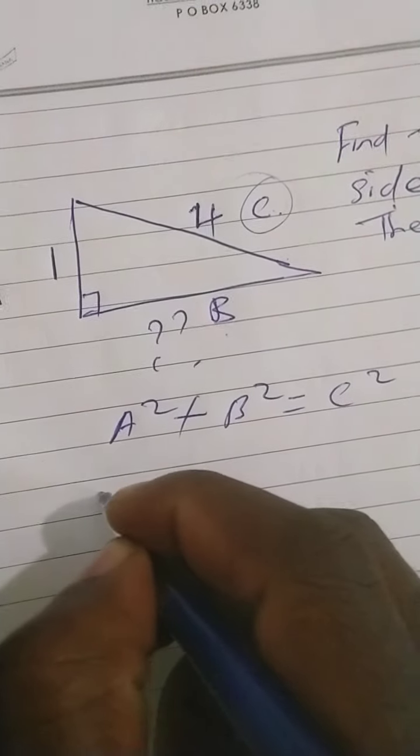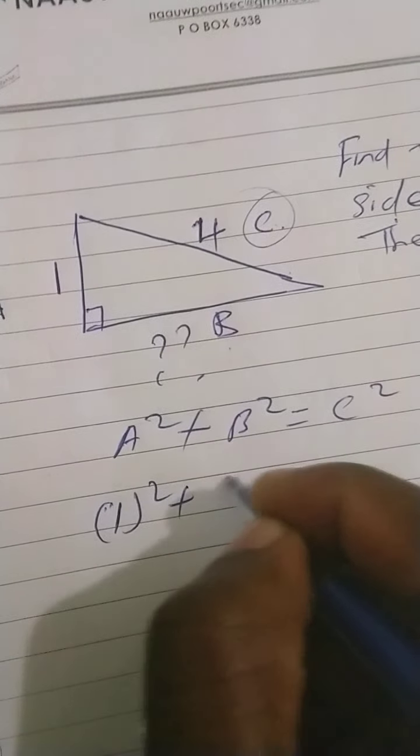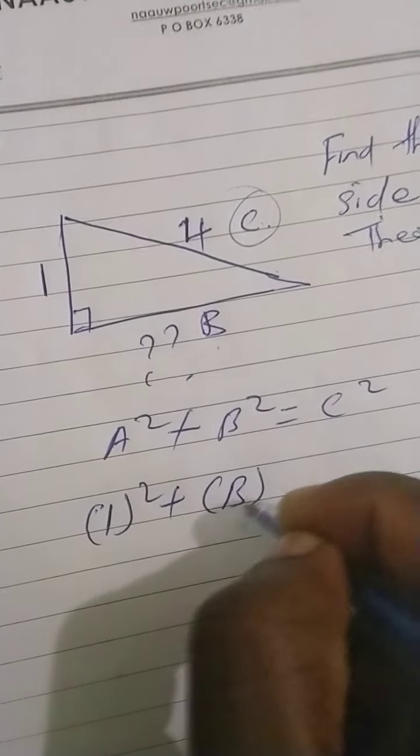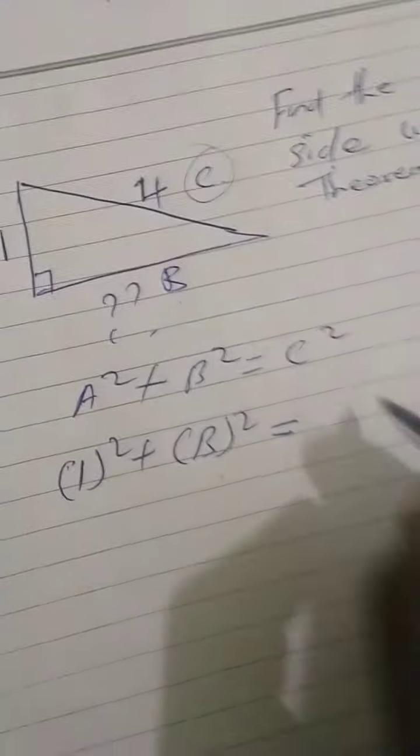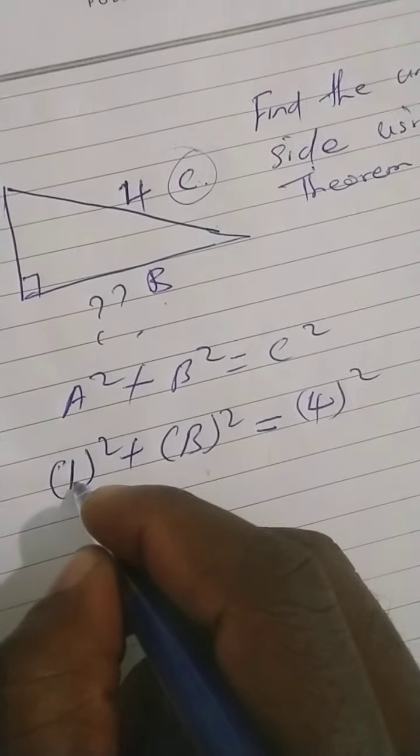And just substitute A, I say it's 1 plus B squared equals 4 squared.